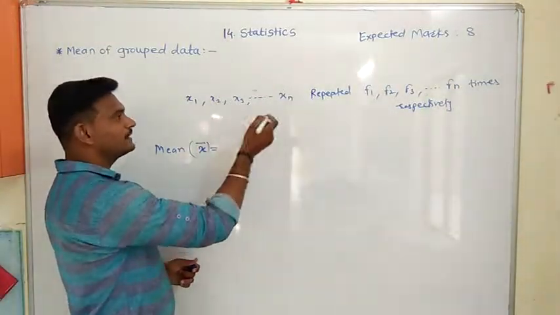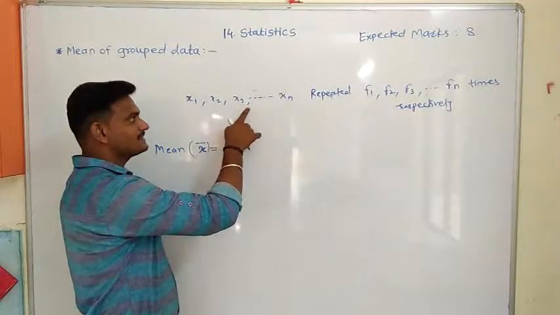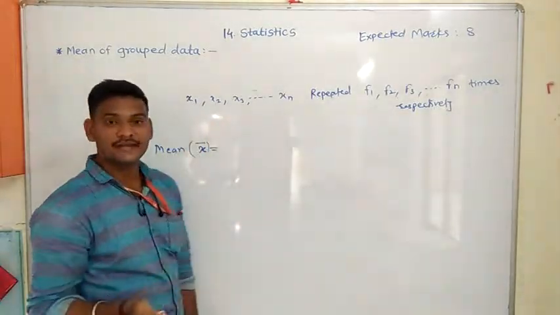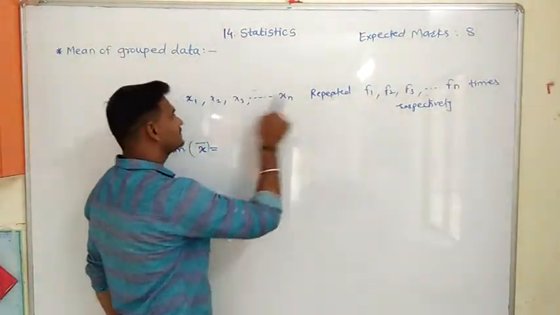See here, the sum of all the observations means x1 plus x2 plus x3. How many times is the x1 observation repeated? f1 times.